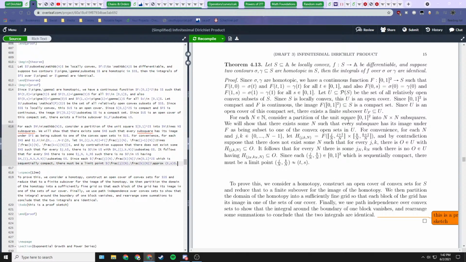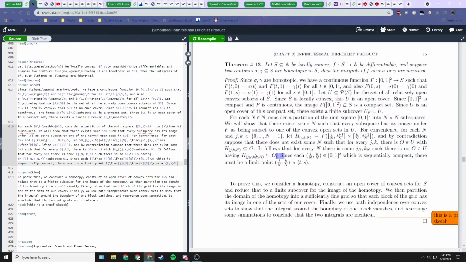So what we want to say is, we're going to cut this up into a partition, and by contradiction, suppose we can't cut it up fine enough so that each of these subsquares is a subset of a single convex neighborhood. So suppose this is impossible. It follows that for every n, there is some specific j sub n and k sub n such that no open set has this property.